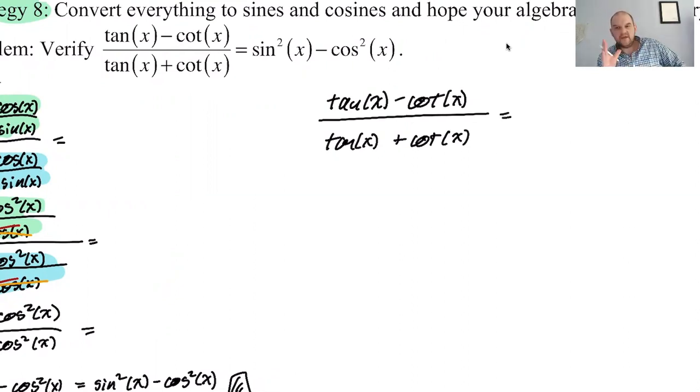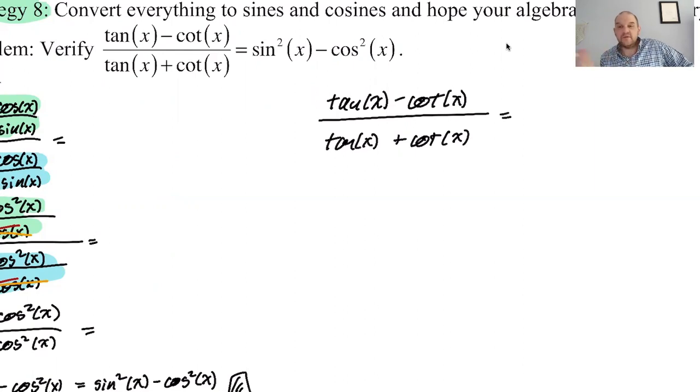I don't know that this is going to help. What I'm going to try to do is multiply. So what do I know? I know that tan squared plus 1 equals secant squared. That's kind of useful. I know that tangent times cotangent is 1, because tangent equals 1 over cotangent, or cotangent equals 1 over tangent. That's another thing.